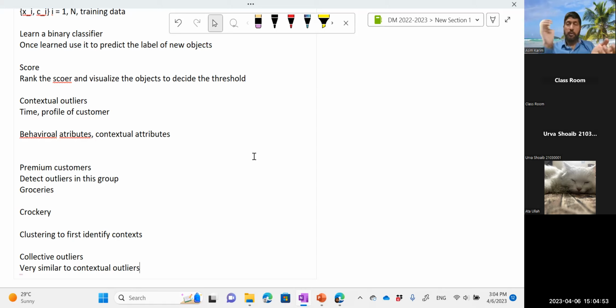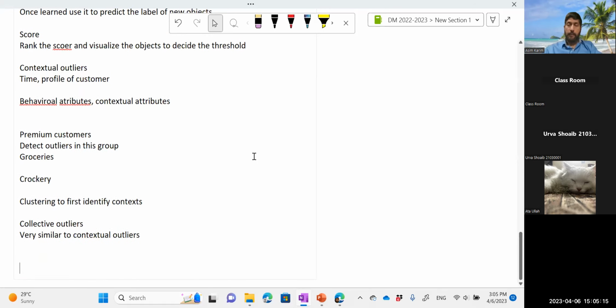Find that group and then within the group try to find outliers. I think इसके अलावा कोई खास इसके अंदर है नहीं.